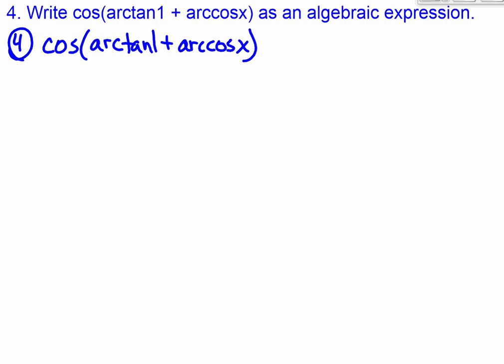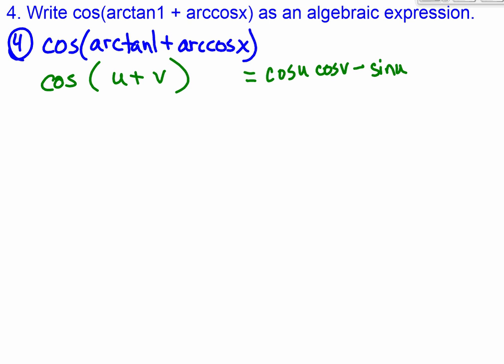So I'm going to right away think about generalizing this. So this is the cosine of u plus v. So u is this arctangent of 1, v is this arccosine of x, so I'll have to handle those. But my formula then is I want the cosine of u, cosine v minus sine u, sine v. So now I'm going to plug that into the original and write it over here. I feel like it is going to take me a little bit of extra space.